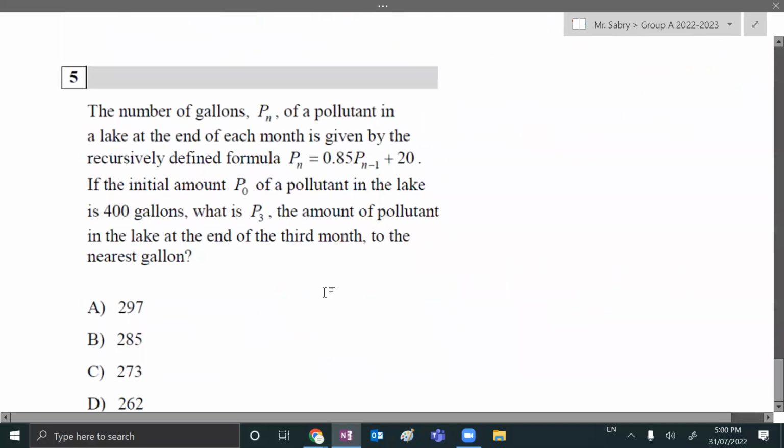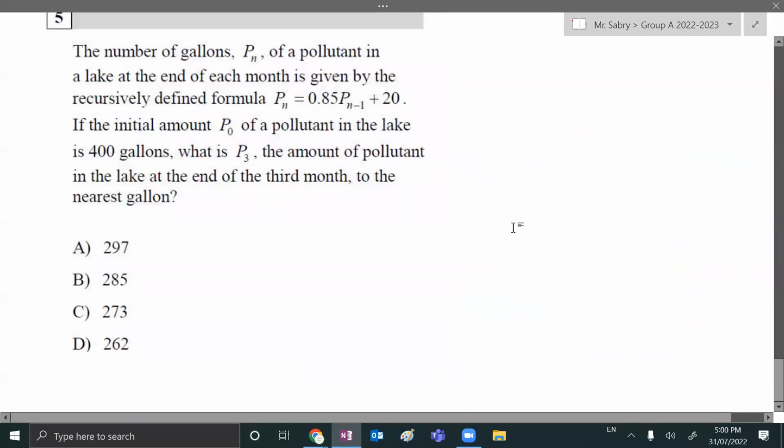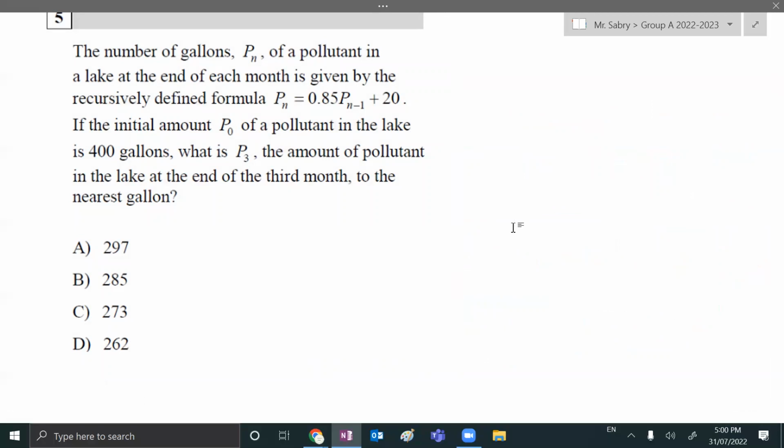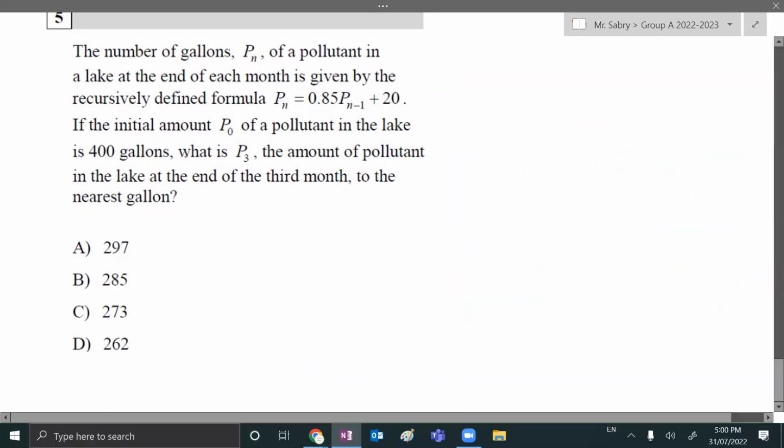Okay, finally last one. Number of gallons of a pollutant in a lake at the end of each month is given by this. You're given already a form. You're told that P0 is 400. عايز P3. برضه نفس الحوار بالظبط. So P3 will be equals to 0.85 P2 plus 20.